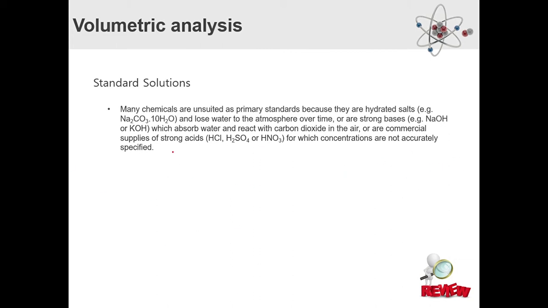Okay, so this is dumb, and I'll tell you why it's dumb. Let's use sulfuric acid as an example. So what this actually means is they don't tell you what the concentration of sulfuric acid is on the bottle. What they say is it is a 98% solution of sulfuric.